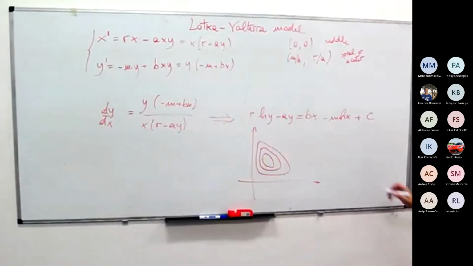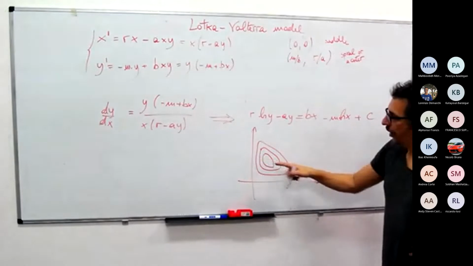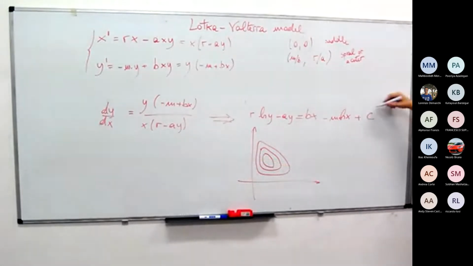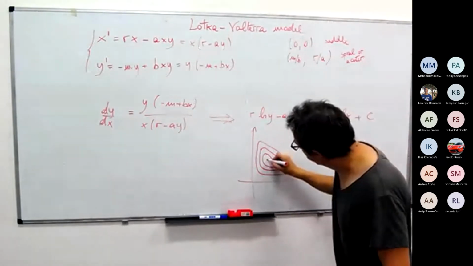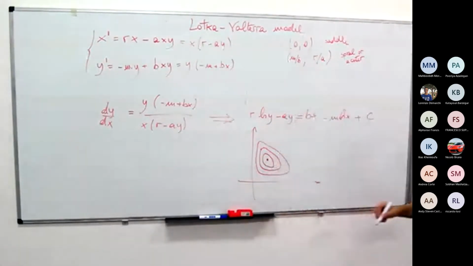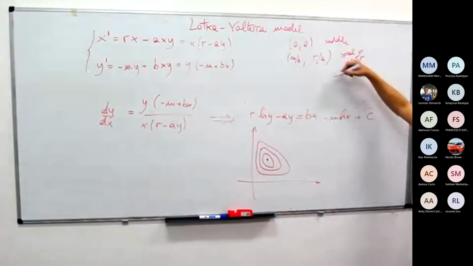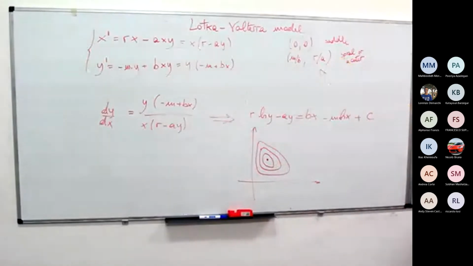So basically, these orbits correspond to different values of this constant here. And here in the middle, there is a critical point, and this critical point is, what a surprise, exactly this one, m over b, r over a.